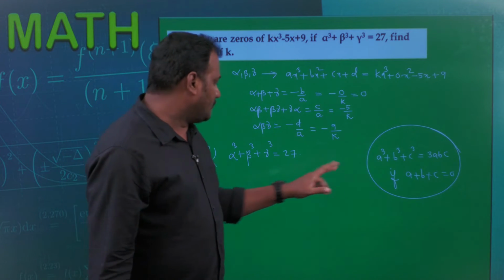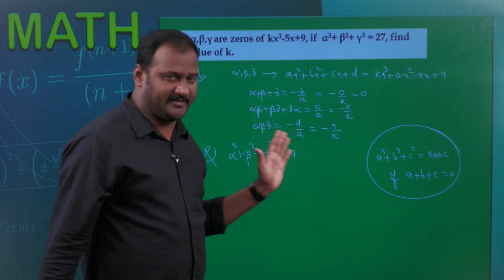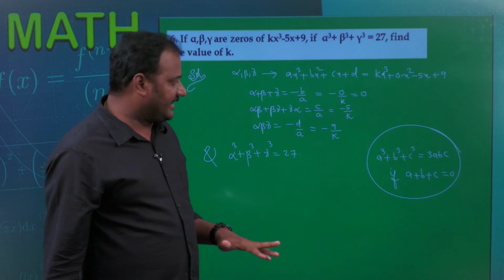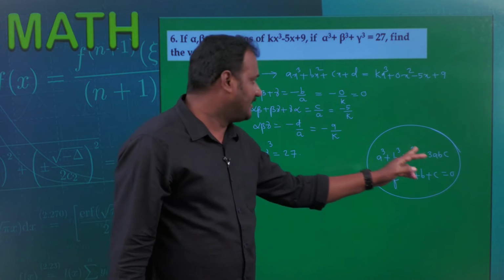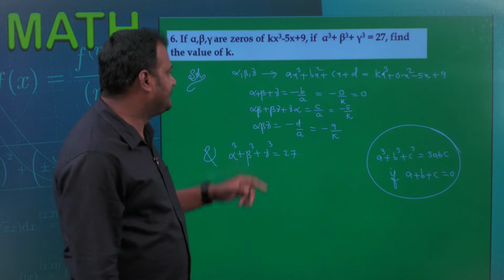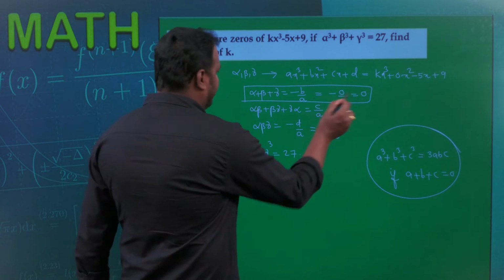See, we can consider alpha is equal to a, beta is equal to b, gamma is equal to c. Then a plus b plus c means alpha plus beta plus gamma. We already got the value of alpha plus beta plus gamma. What is this value here? It is 0.